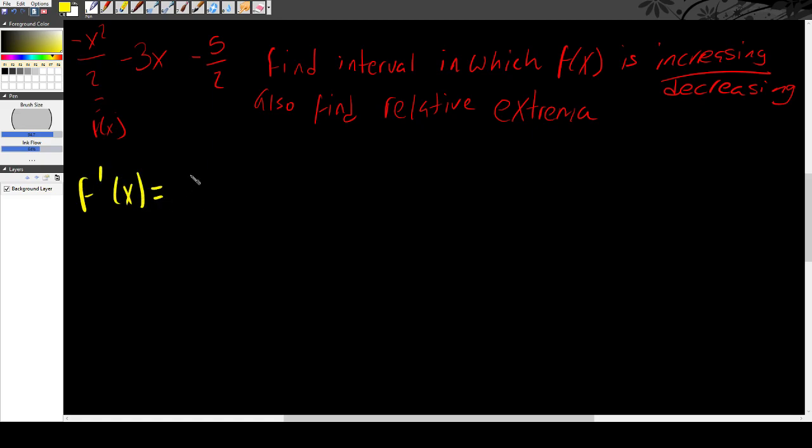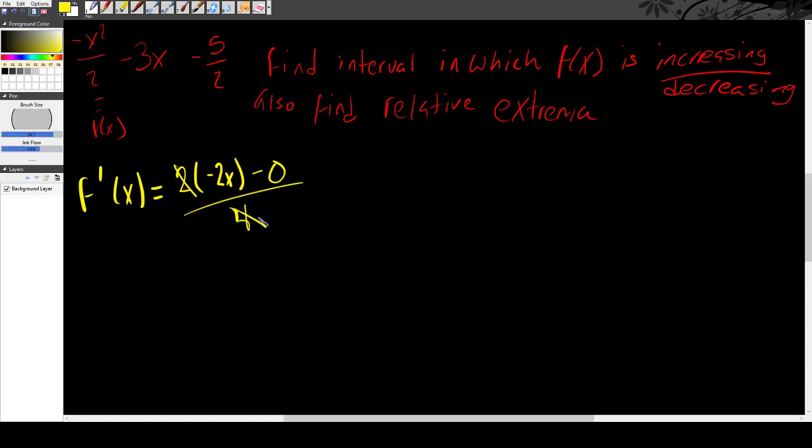Okay, so quotient rule here. Low d high minus high d low. The derivative of the lower function here is 0, so it's going to be a minus, not a positive, over that.